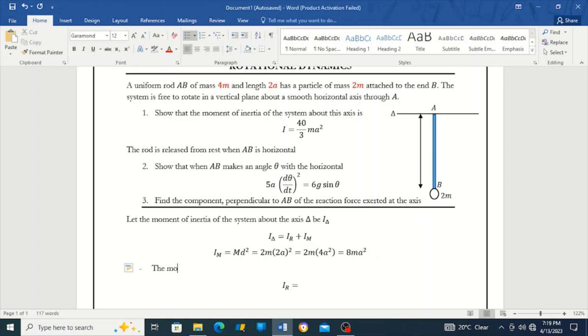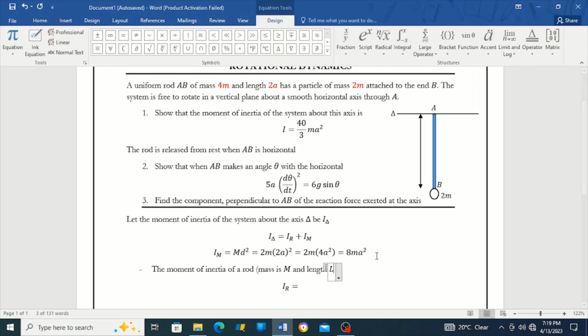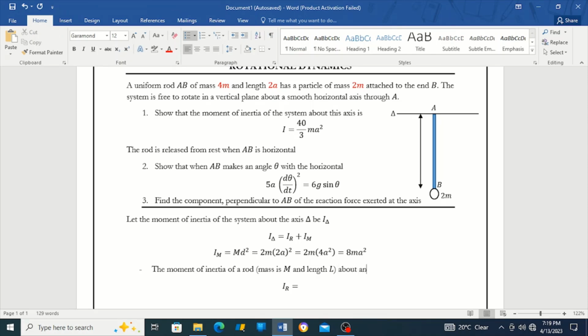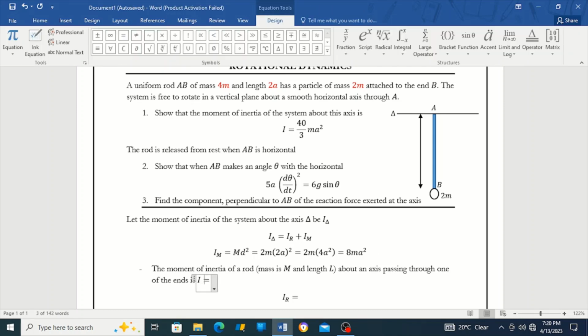The moment of inertia of a rod whose mass is capital M and length is capital L, about an axis passing through one of the ends and perpendicular to it, is I equals the mass times the length squared, divided by 3.